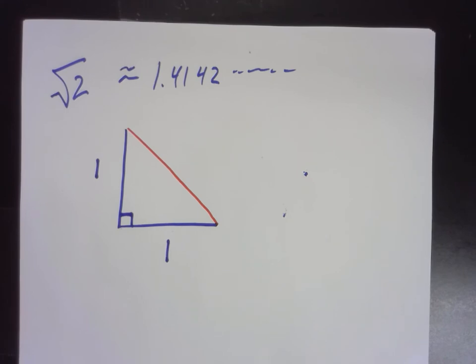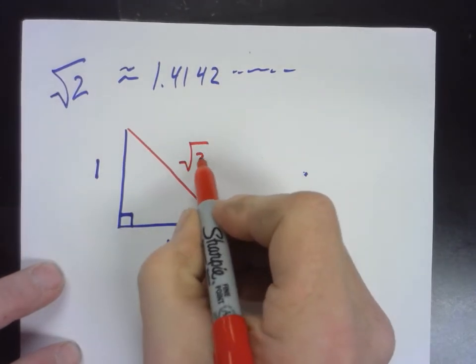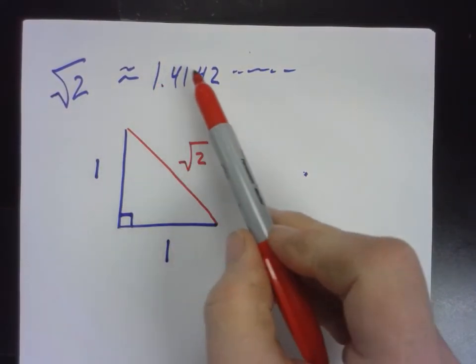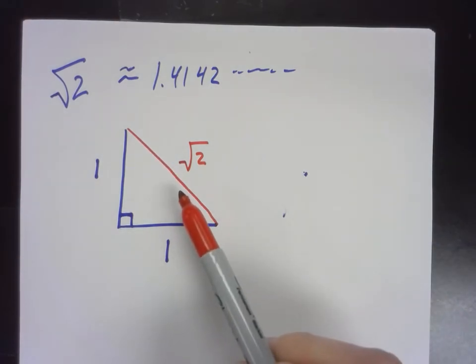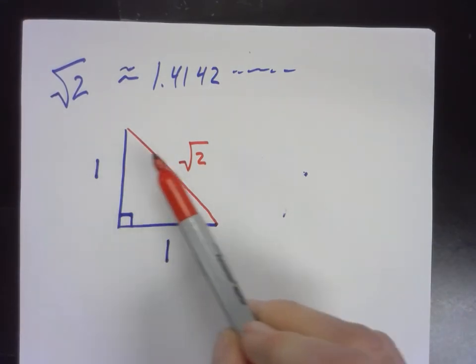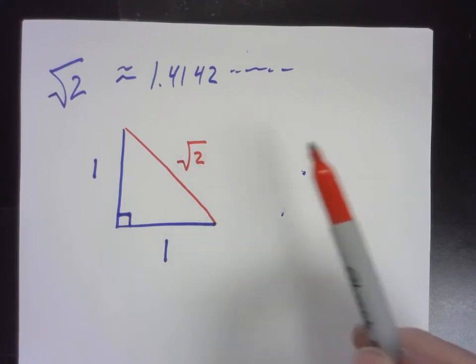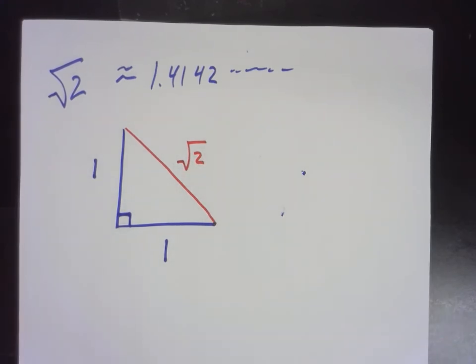What is it? That's odd. We can't write the square root of 2, but we can draw the square root of 2. 1 squared plus 1 squared equals root 2 squared, right? That's weird. Well, here you go.